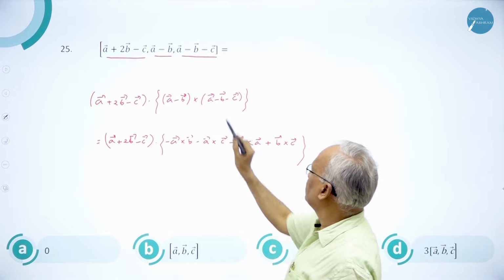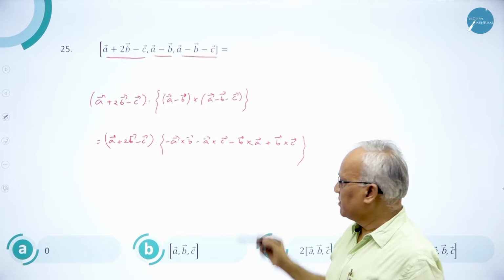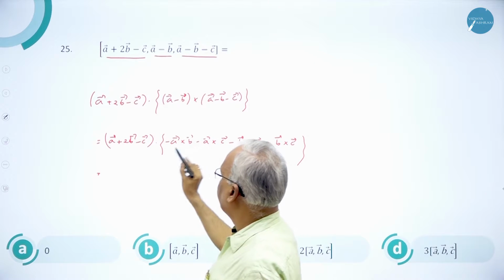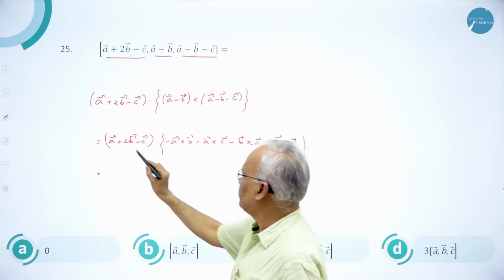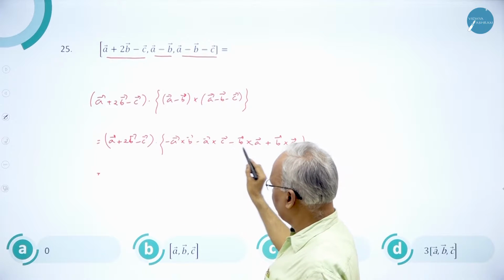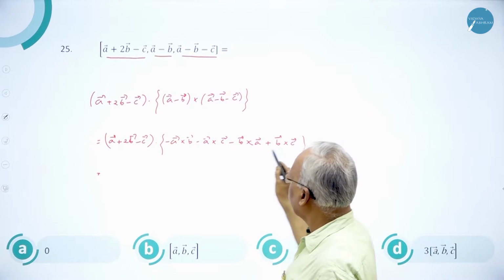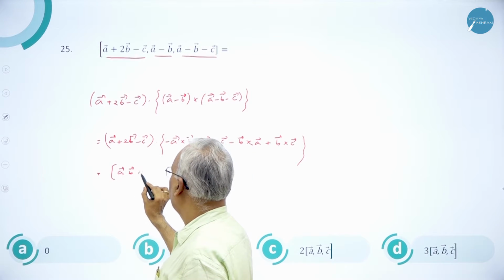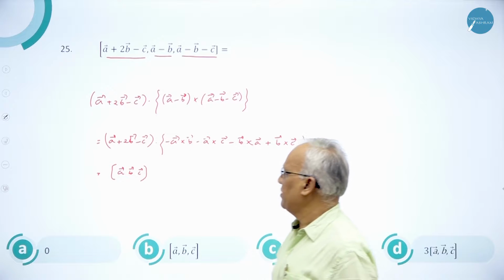A cross A and B cross B both I took 0. Now this is equal to A dot A cross B. A dot A cross B is 0. A dot A cross C is 0. A dot B cross A is 0. And A dot B cross C is ABC box, the scalar triple product of ABC.